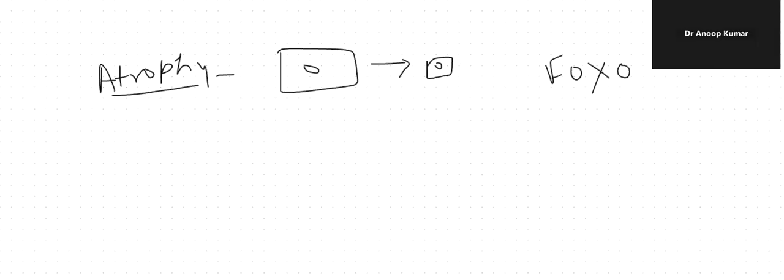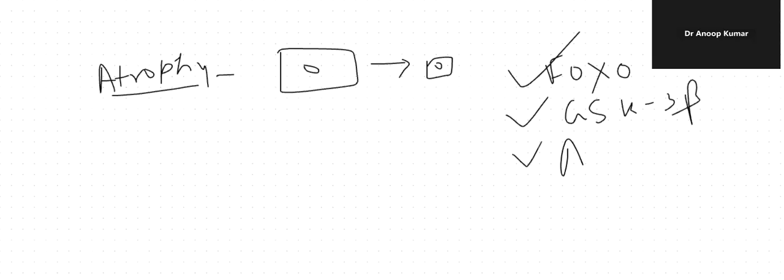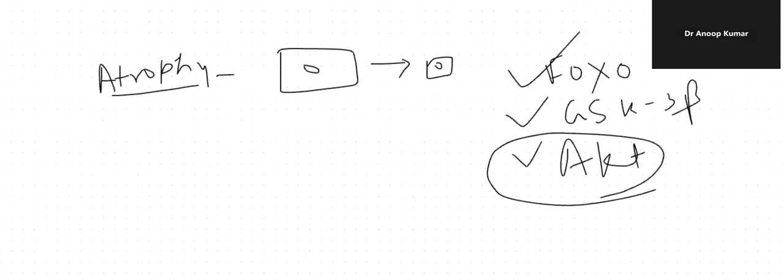It's a positive regulator, right? GSK3 beta is a positive regulator or negative regulator of atrophy? It's a positive regulator. AKT is a negative regulator or positive regulator? It's a negative regulator, right?